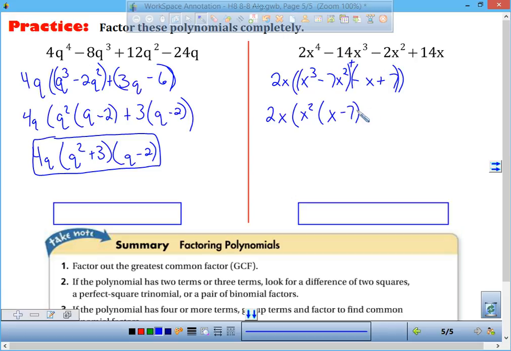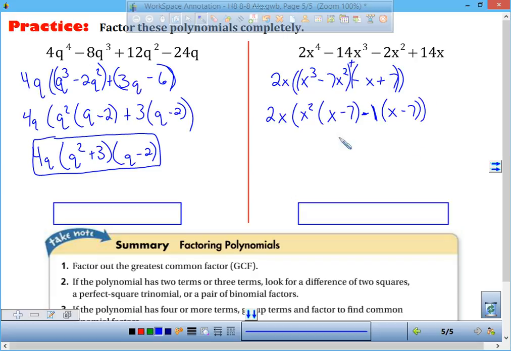Now GCF of the second group. Now I have to be careful here because I want this to be positive and I want the 7 to be negative. Okay, so though there really isn't a GCF of either of them, I do want to factor out a negative 1 because if I divide by negative 1 from both of these terms, then it's going to make the x positive and the 7 negative.